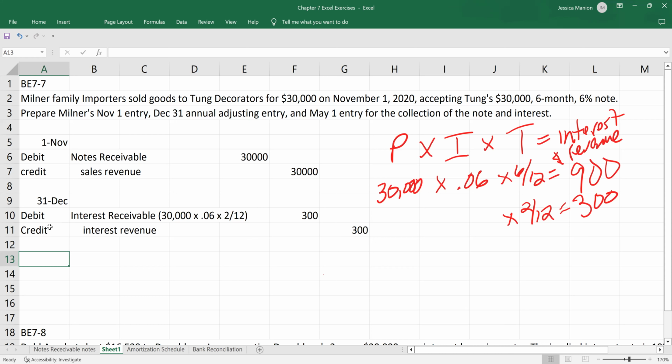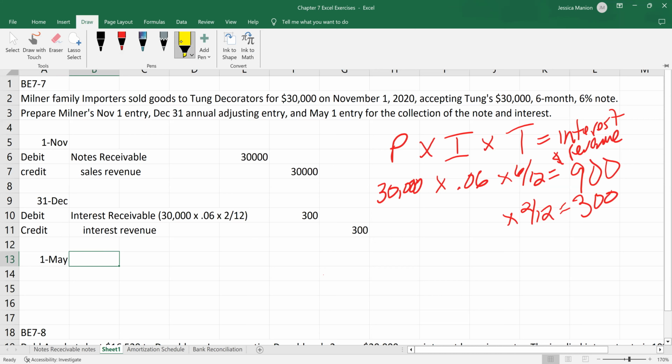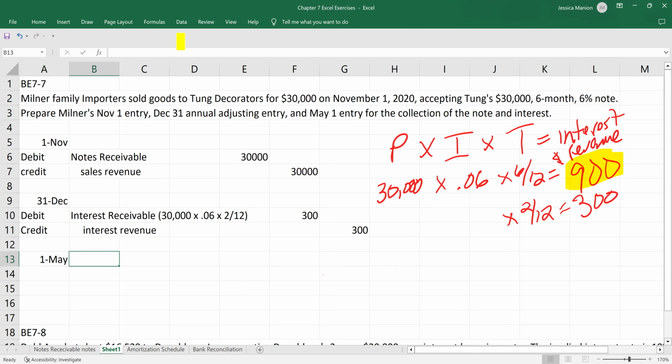Okay, and then on May 1, when Tongue Decorators pays us back, right? So this is May 1 of the following year. We are collecting on the note and the interest, right? So remember the total amount of interest over the course of 6 months, that's the 900, right? We have recorded 300 of that already, right?